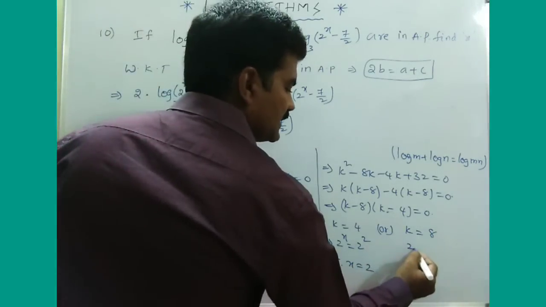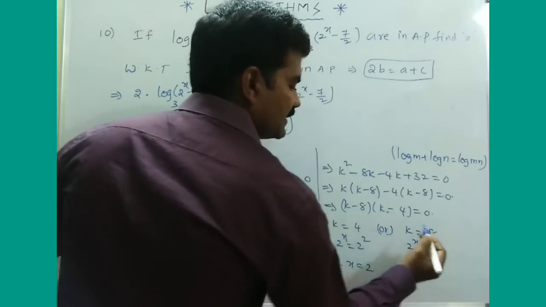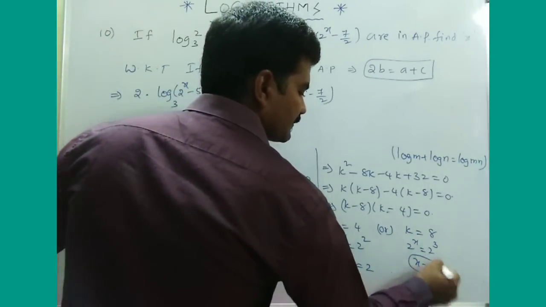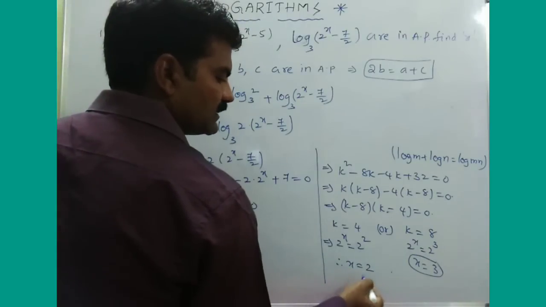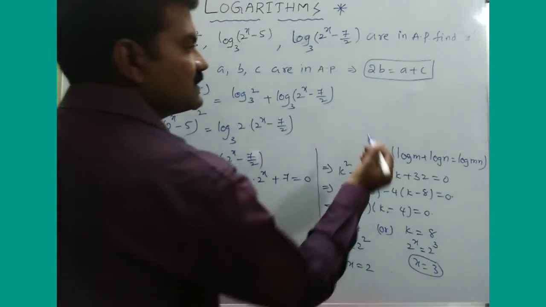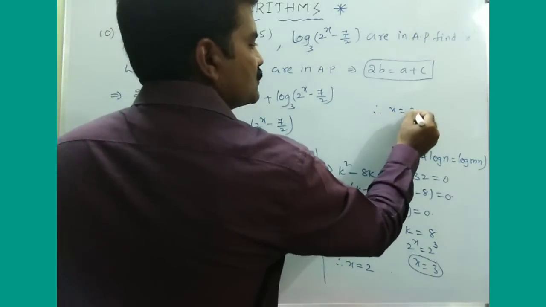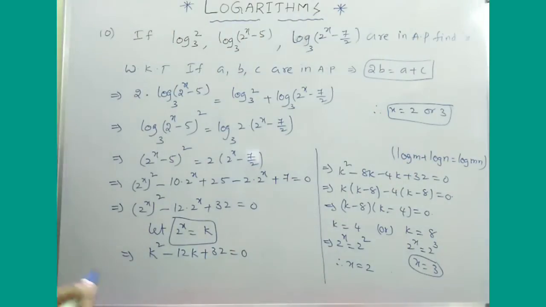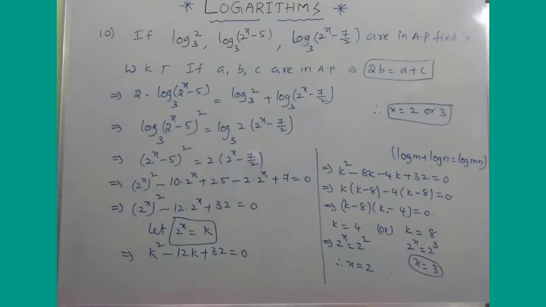Similarly, 2 power x equals 8, which we can write as 2 cube, so x equals 3. Therefore, what are the values of x? x equals 2 or 3. So the above statement is true when x is equal to either 2 or 3, right?